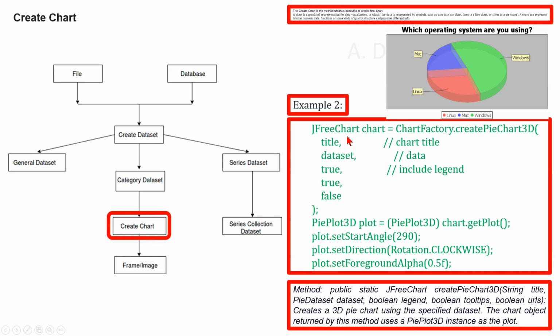The JFreeChart, the class JFreeChart here, a chart class implemented using the Java 2D APIs. The current version supports bar charts, line charts, pie charts, and XY plots, including time series data.